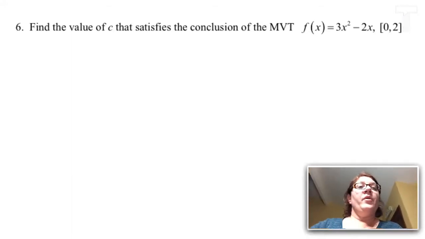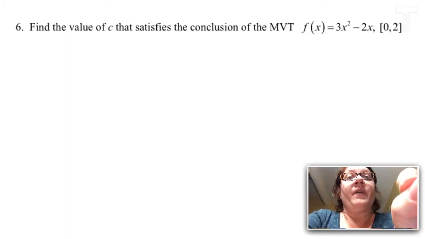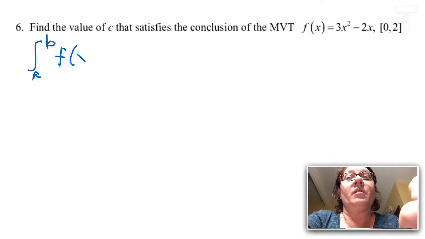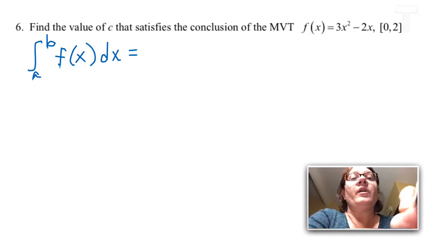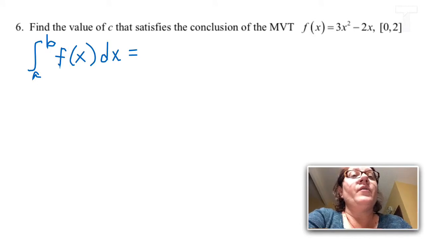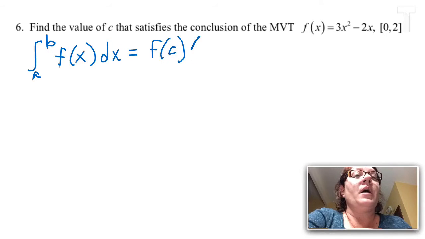Okay, so remember the mean value theorem says if I integrate from a to b some particular function, that it's really, remember this is the area under the curve, is really some y value times the width of the rectangle, which would be b minus a.